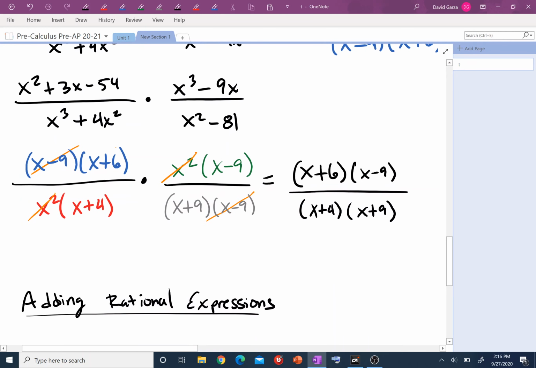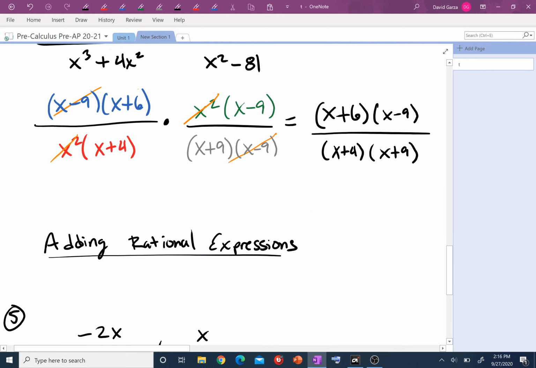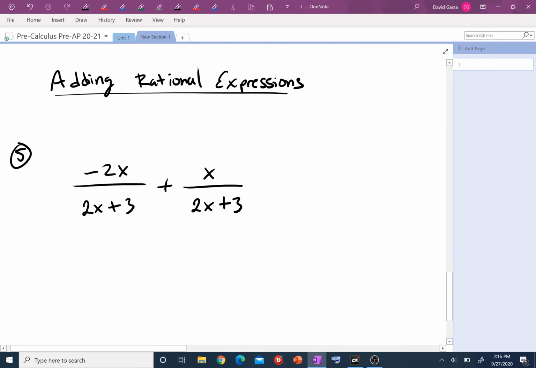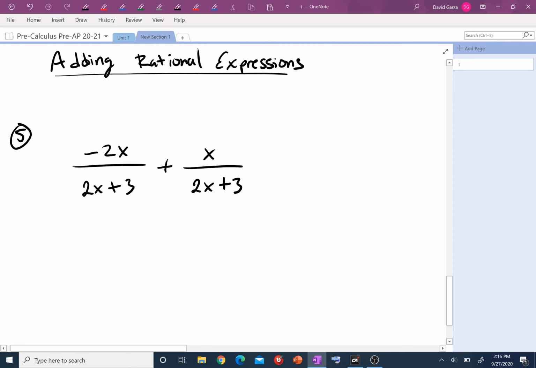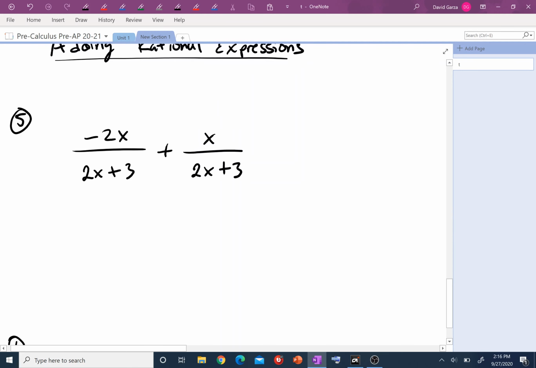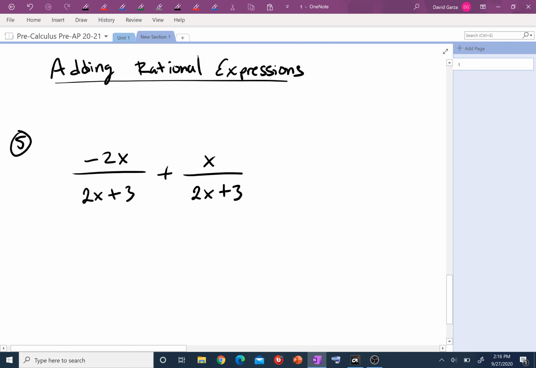Alright, so next let's look at adding rational expressions. Here we have this one, which is maybe a little bit easier. So we have negative 2x at the top, and let's go ahead and add these up.